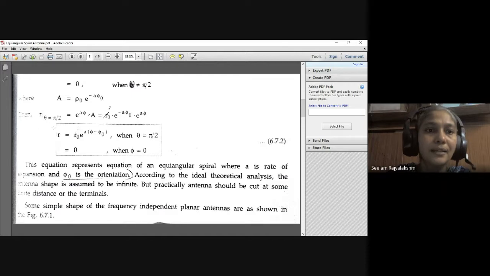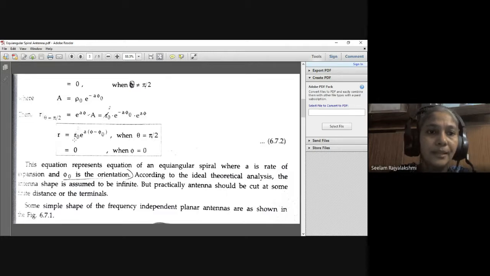Then r at theta equals pi by 2 equals a into e power a phi. Here this is a printing mistake. This is not r naught, this is rho naught, because the value of a is rho naught e power minus a phi naught. That's why this is a printing mistake. It is rho naught e power minus a phi naught into e power a phi.